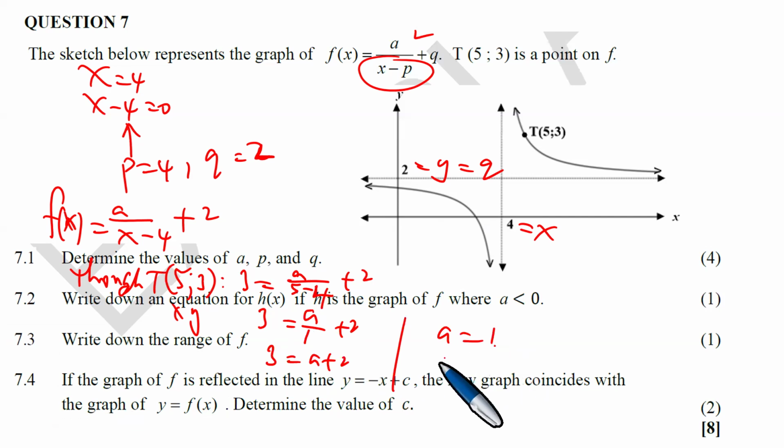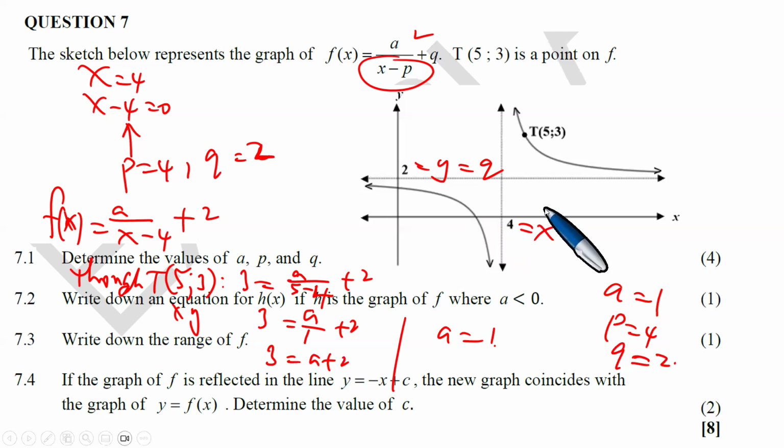Which is, a is 1. Obviously they asked us to find a value, so we're able to see that a is 1. p is 4. q equals 2.